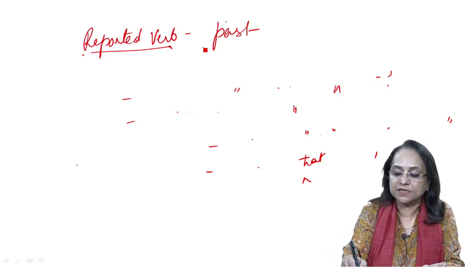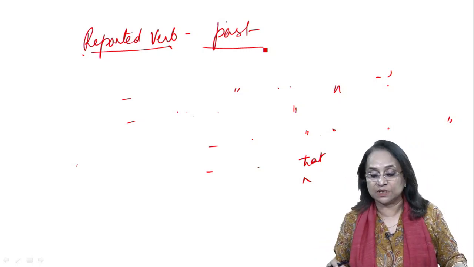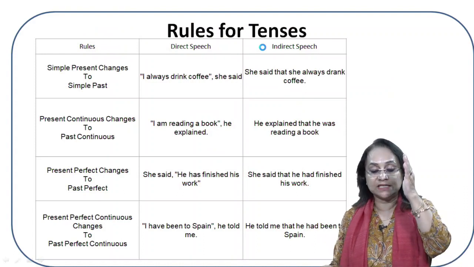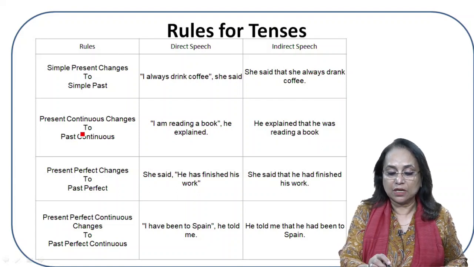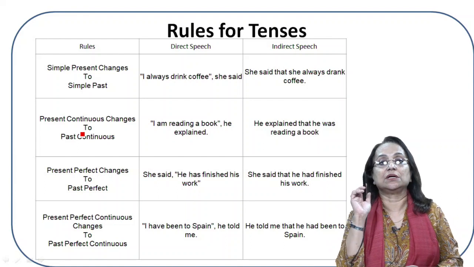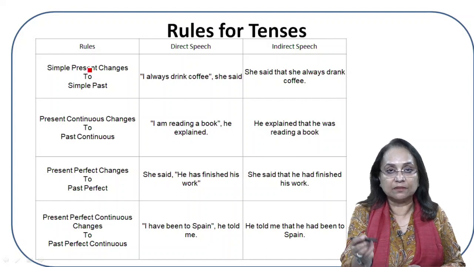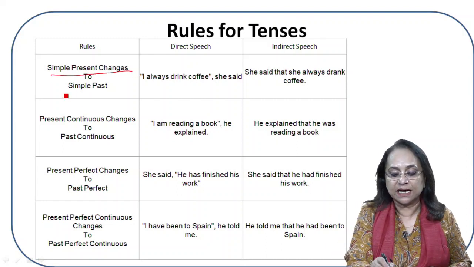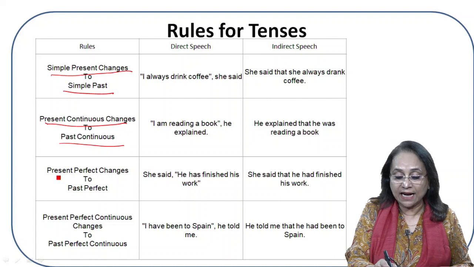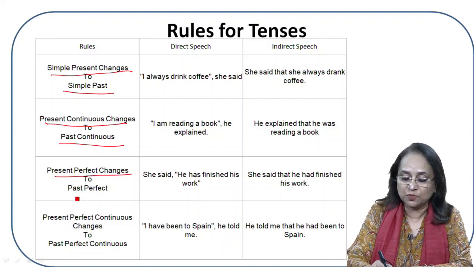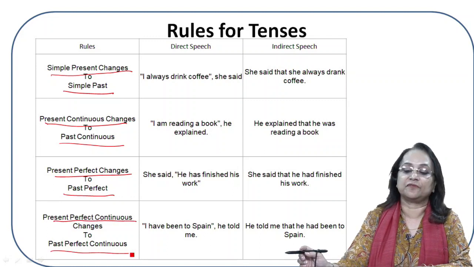If the reported verb is in the past and the second verb is in simple present, it changes to simple past. If it is in present continuous, it changes to past continuous. And if it is present perfect, it changes to past perfect. If it is present perfect continuous, it changes to past perfect continuous.